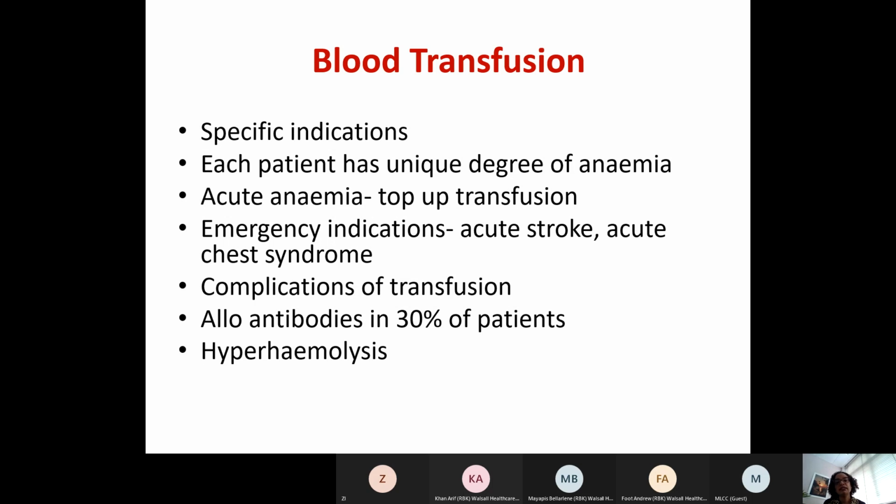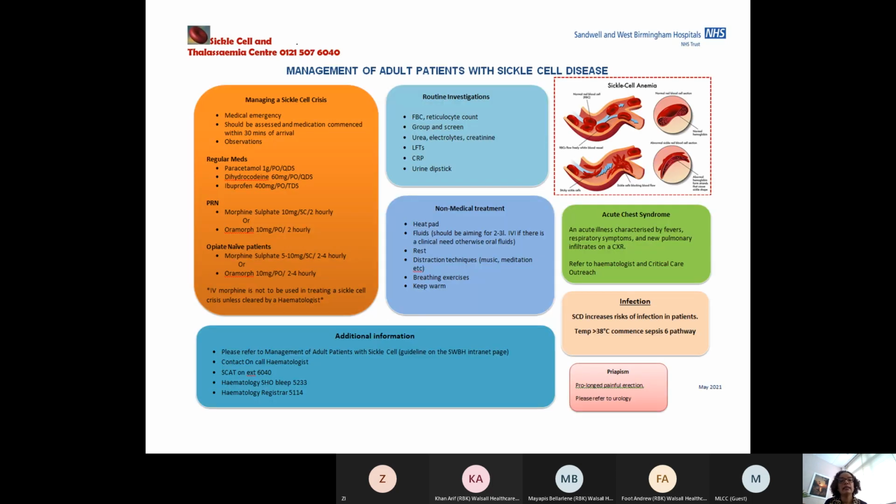So in an emergency situation, it would be for severe acute anemia where a patient is symptomatic, parvovirus, splenic sequestration, for example. For an acute stroke, an acute chest crisis, for those patients who are really acutely ill, then an exchange transfusion that is arranged by contacting us, and there are networks to help with that.